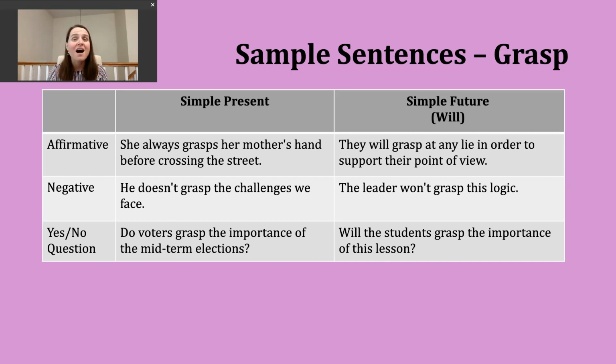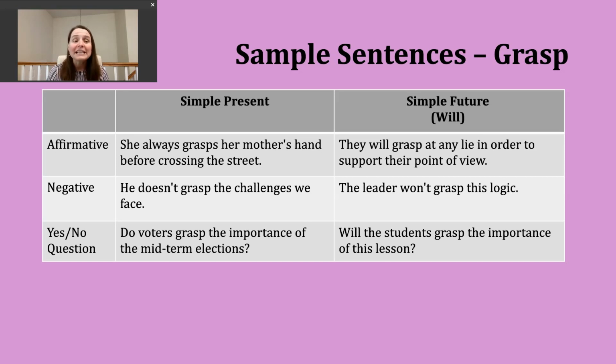So notice I'm not adding an S to the end of the verb here in the negative. An example of this might be, he doesn't grasp the challenges we face. Okay, so here, this would tie back to that definition of comprehending, understanding. He doesn't understand the challenges we face.